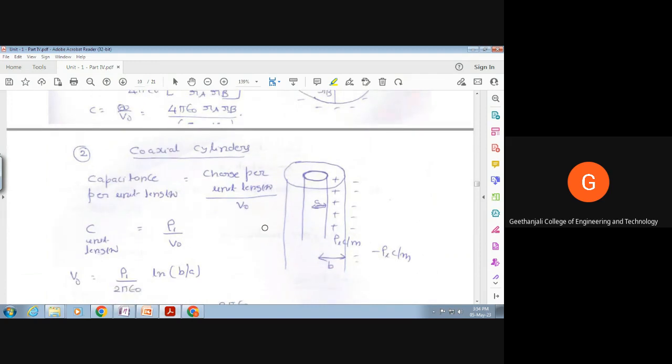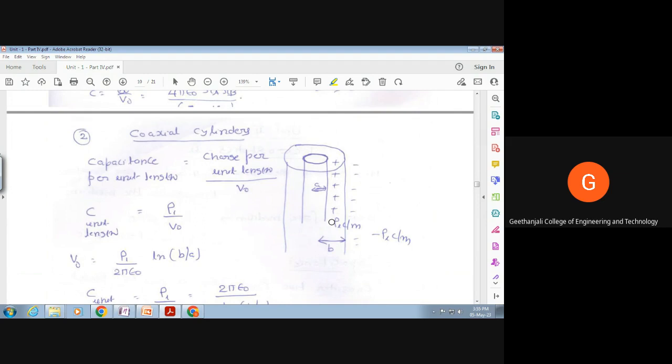Now let us consider the capacitance that exists between two coaxial cylinders with radii A and B. Assume that the radius A as well as the radius B of these two coaxial cylinders is very small, so the charge can be taken as a line charge.